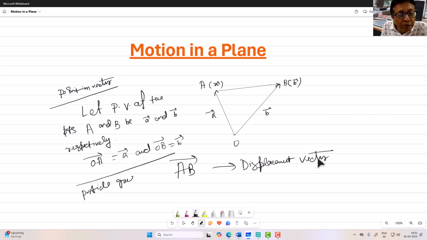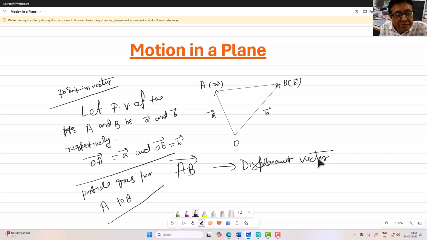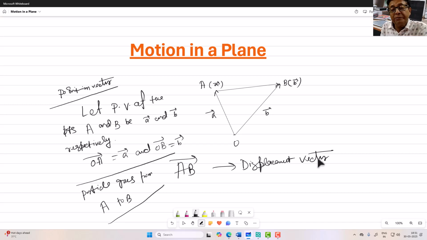Particle goes from the point A to the point B, then AB represents displacement vector. How to get that displacement vector? We use triangle law in triangle OAB. What do you observe? OA plus AB equal to OB.